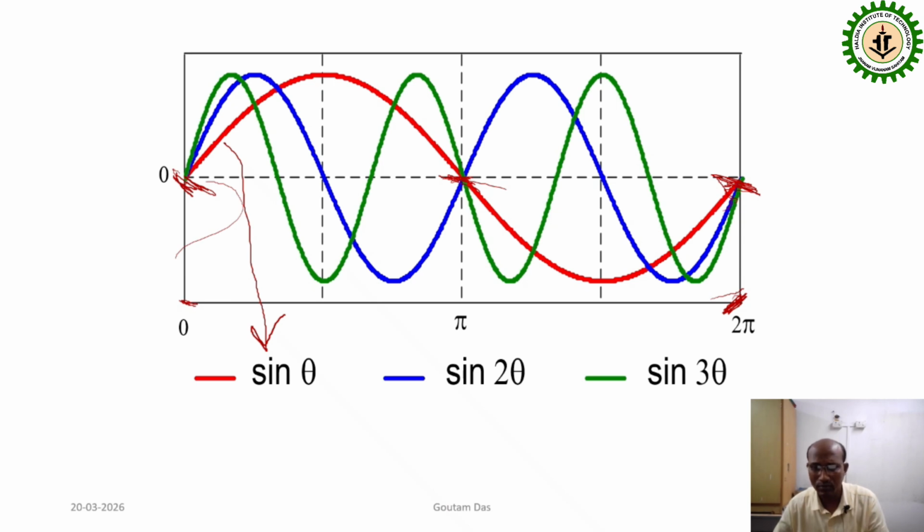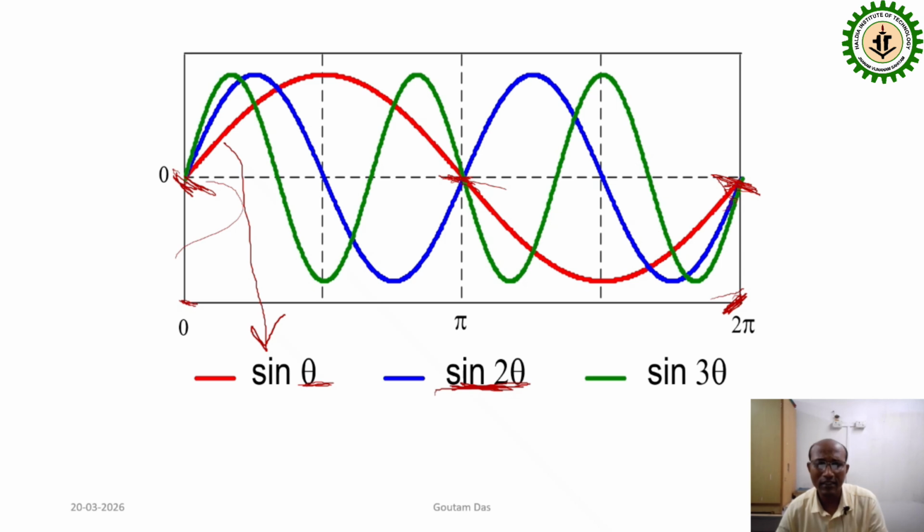Within this 2 pi time zone, the blue waveform completes 2 cycles. So its time period is half, which means its frequency will be double. The blue waveform is represented as sin 2 theta with respect to theta, because it has half the time period, so double the frequency, as frequency and time period are reciprocal to each other.